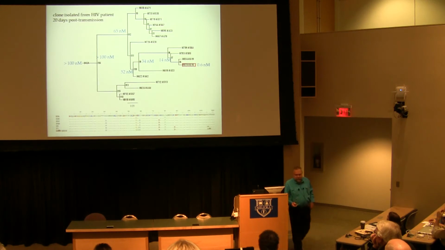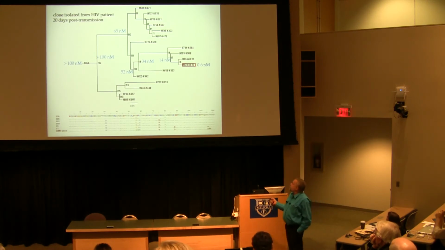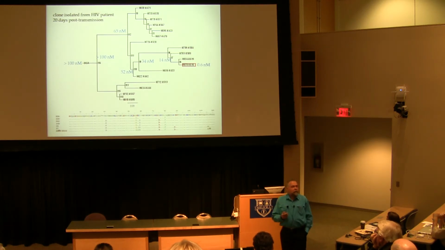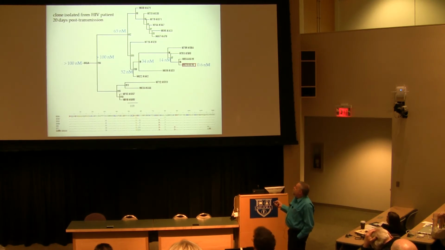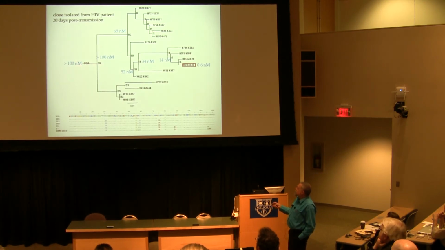So this is the phylogram for that clone, and we were not able to make all of the intermediates because even though we are capable of doing it, it's still expensive. So we inferred the ancestor and several of the intermediates and measured the effective affinity, or in this particular case, again, it's the dissociation constant.